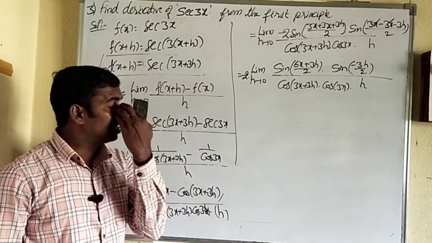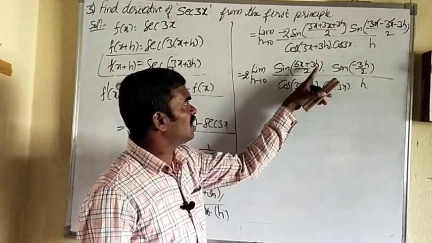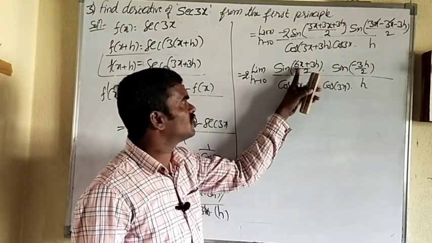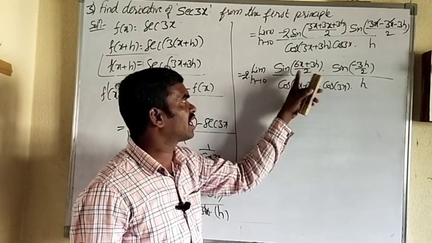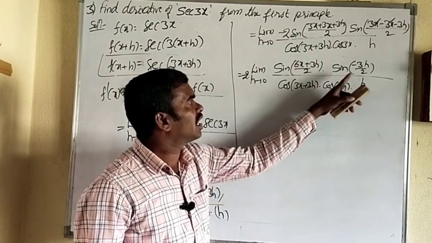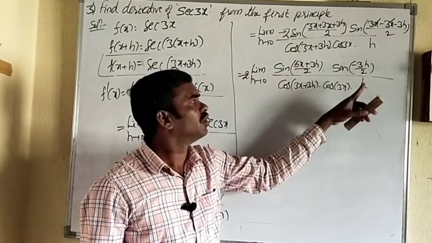So now split the limit. If you put h equal to 0, we get 6x plus 0 by 2, that is 6x by 2, so we are getting some finite term.